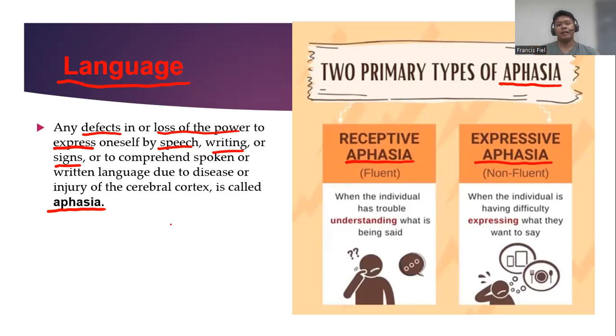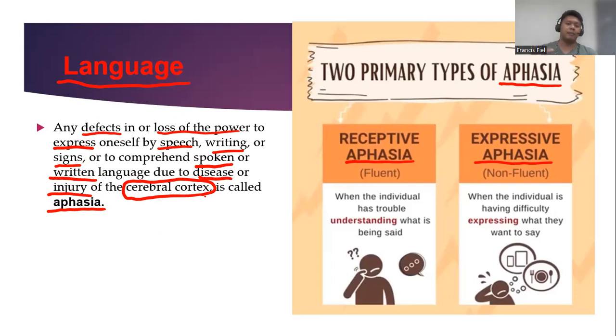Also, hindi niya maintindihan ang sinasabi mo, ang sinusulat mo, or yung hindi niya maintindihan yung binabasa, that is also aphasia. Ibig sabihin, no, that there is a disease or an injury in the cerebral cortex of the brain. Because the cerebral cortex is responsible for interpreting words and written languages sa ating environment, no?